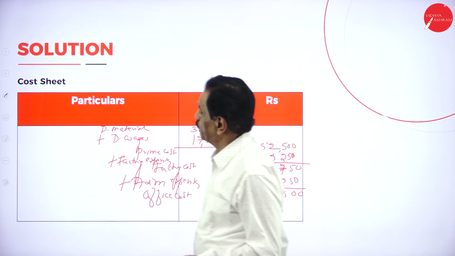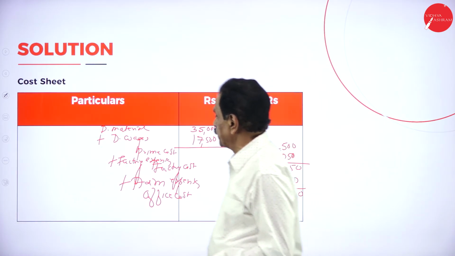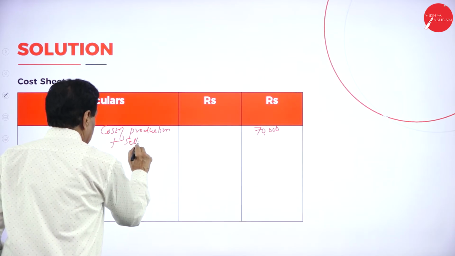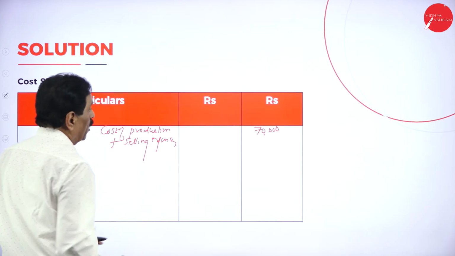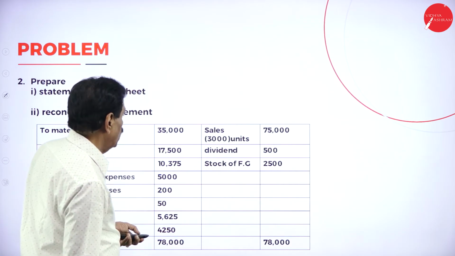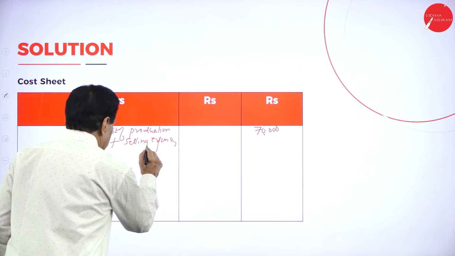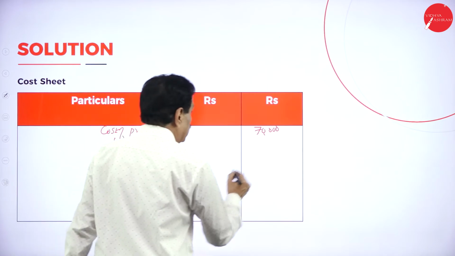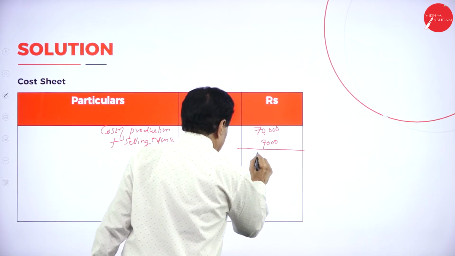What is next one? Selling expense at 3 rupees per unit. How many units are there? See that? You got only 3,000 units. Selling expenses, 3,000 into 3, 9,000. 79,000.